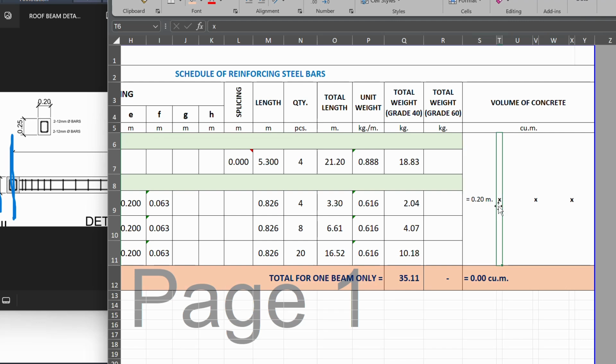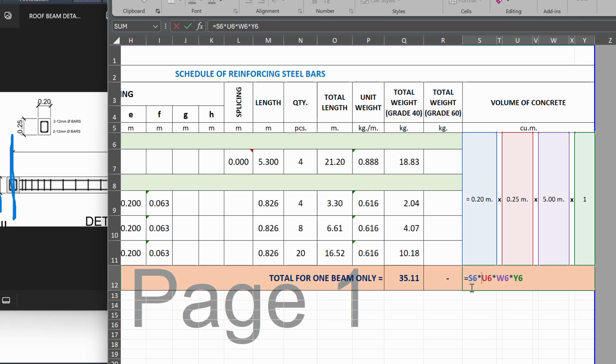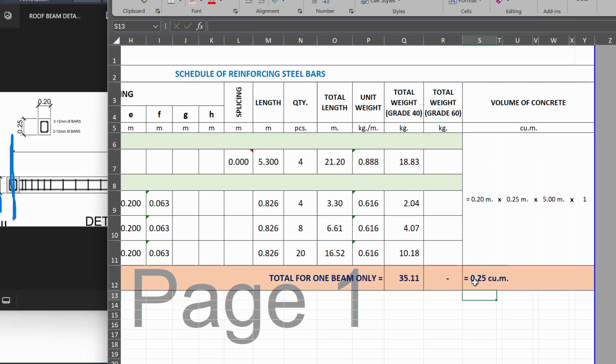That is times the depth 0.25, and times the length, the 5 meters, and how many beams? It's just 1. So multiply, that's it. 0.25 cubic meter. So we're done.